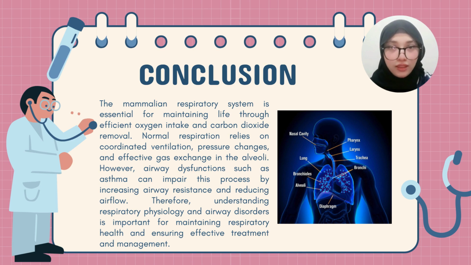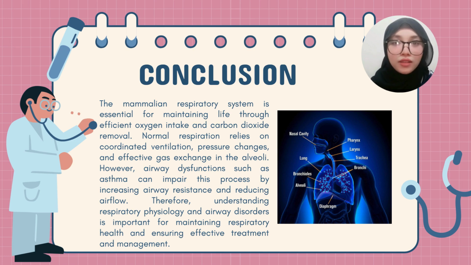In conclusion, the mammalian respiratory system is essential for maintaining life by supplying oxygen and removing carbon dioxide from the body. Normal respiration depends on efficient ventilation and gas exchange in the alveoli.